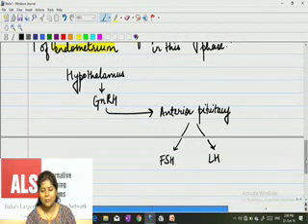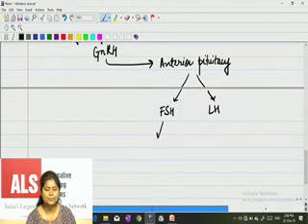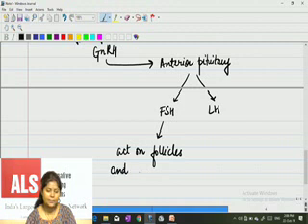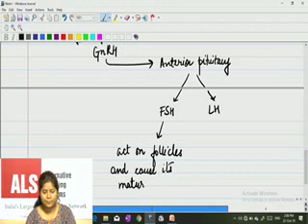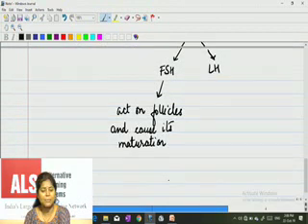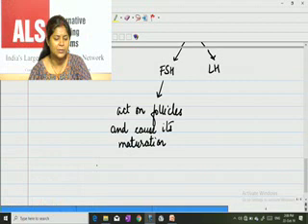Okay. What is FSH going to do? This FSH is going to act on the follicles and cause their maturation. Name the mature ovarian follicle.